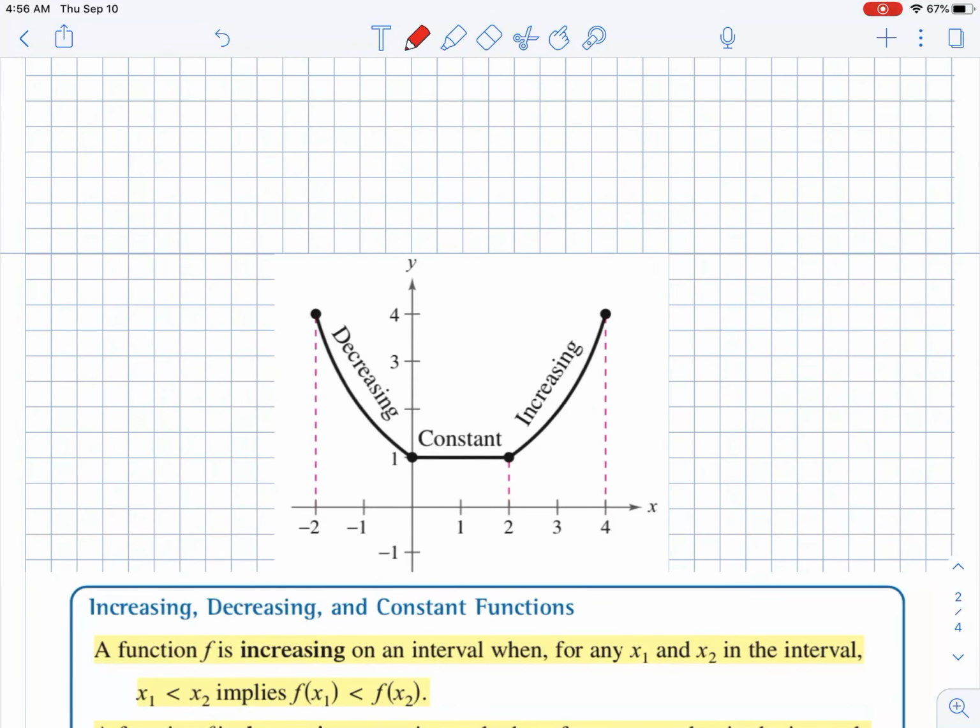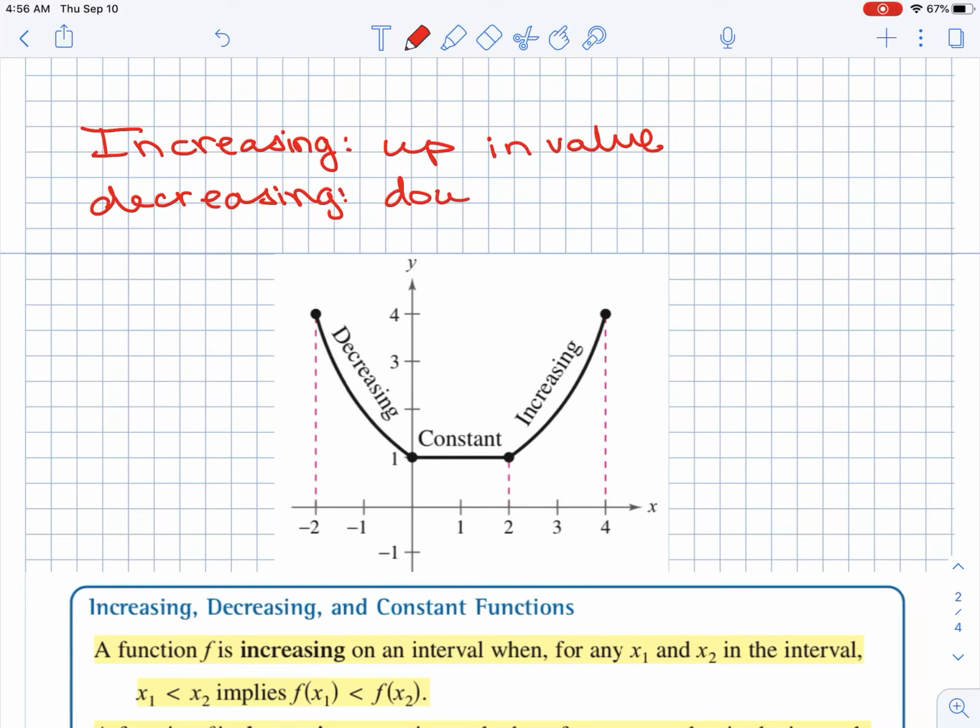Okay, so now we're going to talk about increasing and decreasing functions. Okay, so what do we know about increasing? Well, in our everyday lives, if something is increasing, it's going up in value. If something is decreasing, conversely, it's going down in value.